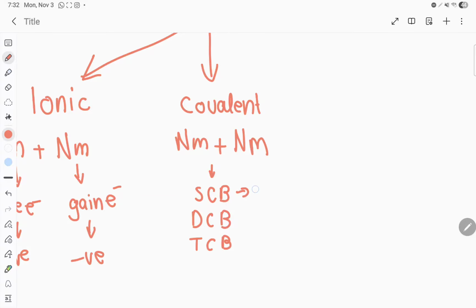In this case, we are sharing 2 electrons, aka 1 pair. Here we are sharing 4 electrons, aka 2 pairs. Here we are sharing 6 electrons, aka 3 pairs.